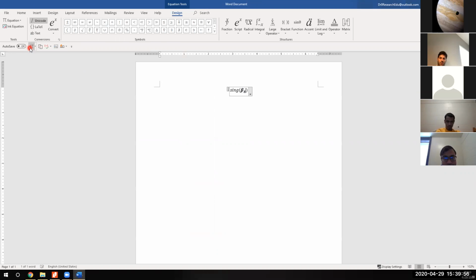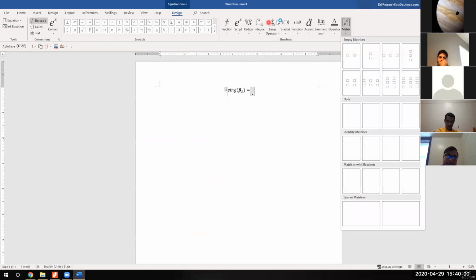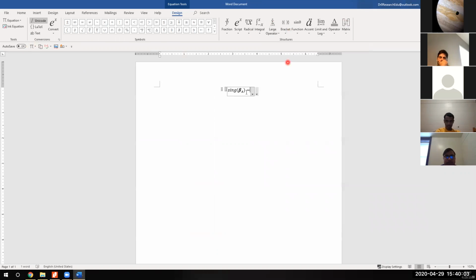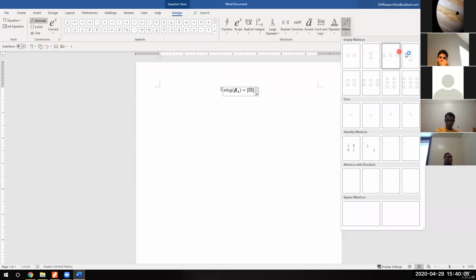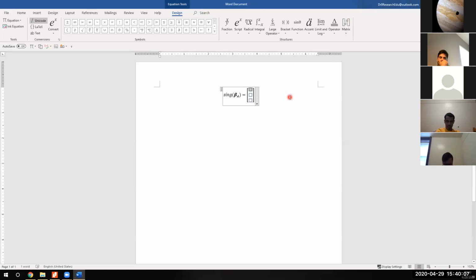This is a vector, okay? This means this. Begin B matrix, and here are 3 rows. This means the sine of beta A, let me write it this way, beta A1, and the sine of beta AP.